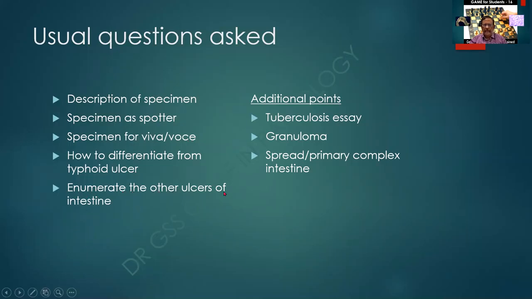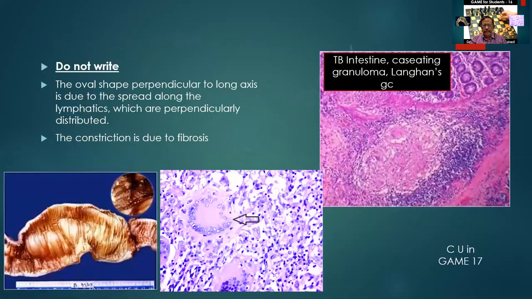And enumerate the other ulcerative lesions of the intestine. For example, amoebic ulcer we should have in mind. And have also these in mind. Tuberculosis is an essay question, granuloma is a short note, and primary complex of the intestine you'll have to remember. Typhoid ulcer itself is a question for you in general pathology. We shall visit it later.